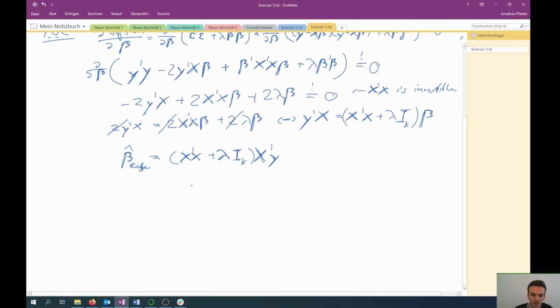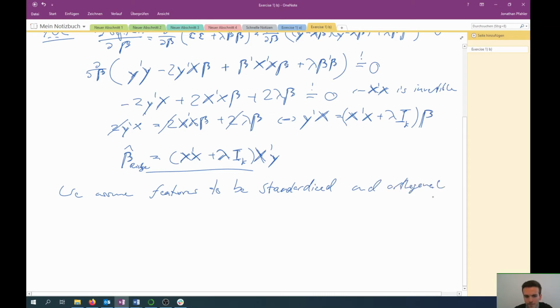Okay, so if we now assume that our features are standardized and orthogonal, then x transpose x is equal to the identity matrix.